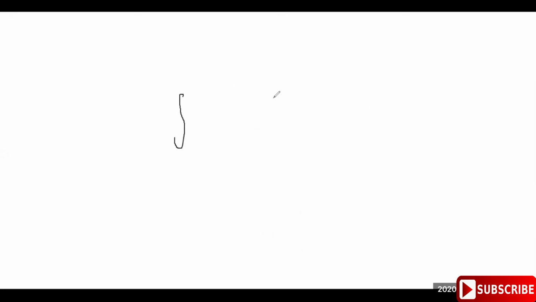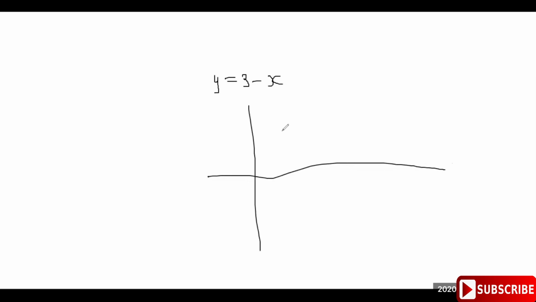So let me give you a practical example. Let's say I give you a curve which goes below the x-axis. Let's say I ask you to use a line, y is equal to 3 minus x. That's a line like this.